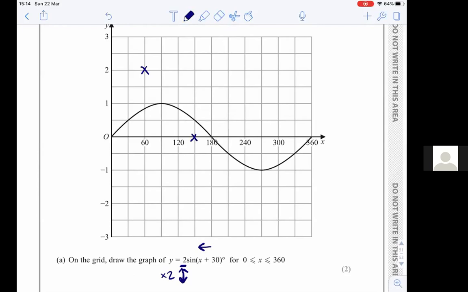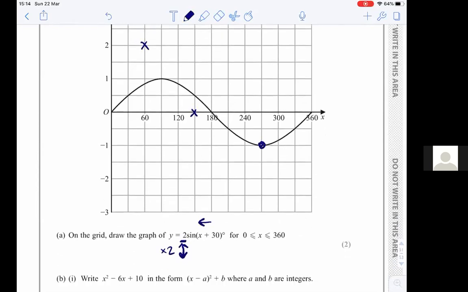Okay, down here, we're going to times by 2, so this will be down here and shift 30 to the left. Okay, and if I connect all of those points together, we should have, oh, there's one point there as well. We can use these values at exactly a half as well to help us plot this. So there we go.